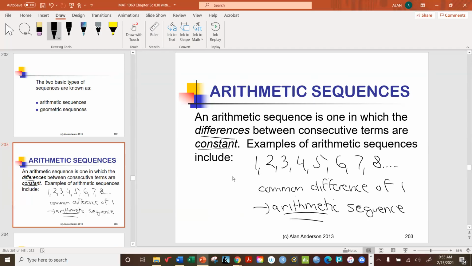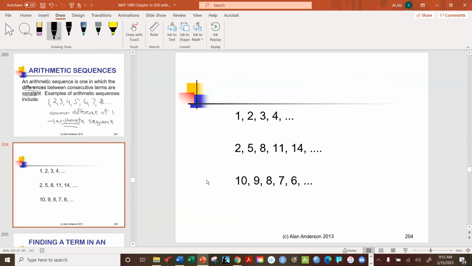All right, so we have some other examples here. You'll see in each case, your job is to first make sure that it is an arithmetic sequence and figure out what the common difference is. So this one we already know. What about this one? Is this an arithmetic sequence? It sure is, because the common difference is 3.